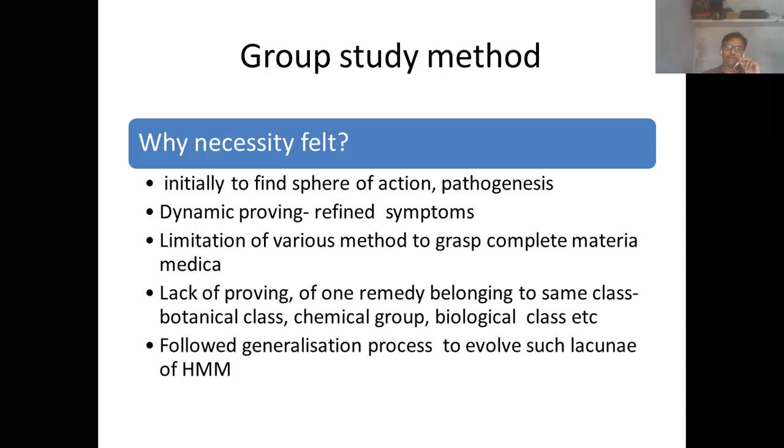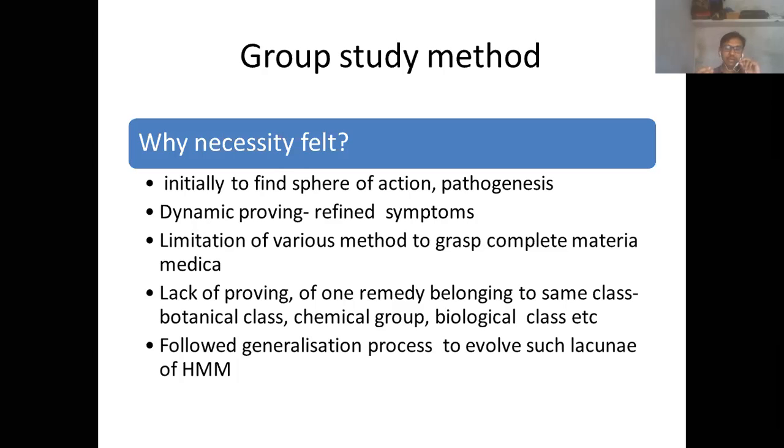For example, I will give an example belonging to the biological class. Biological class means it is related with living animals. So in that biological class, there is a group of remedies which is called the Ophidia group of remedies. There is a biological classification which classifies the animals into various kingdoms.